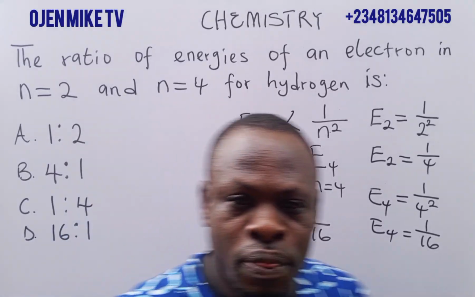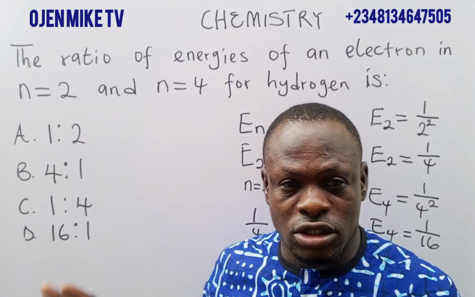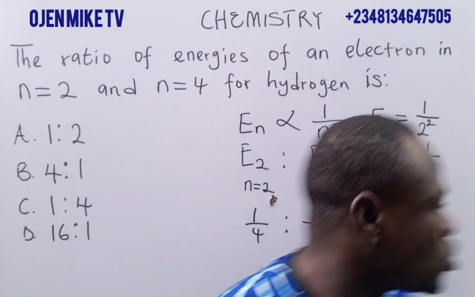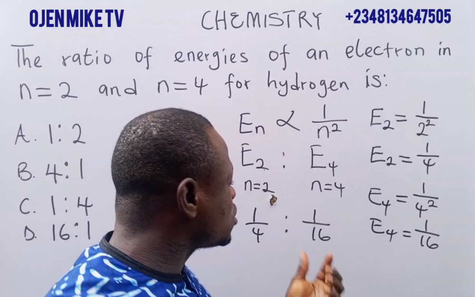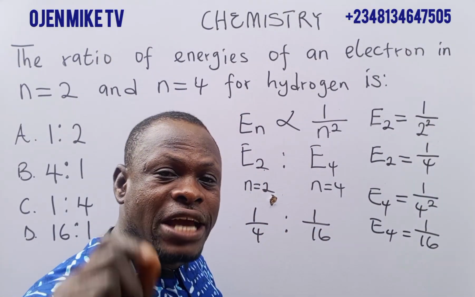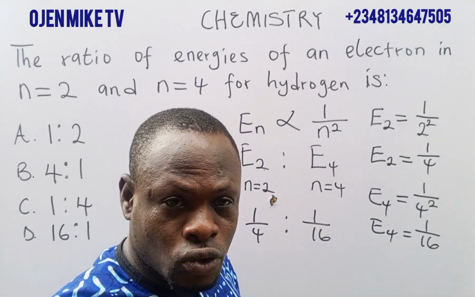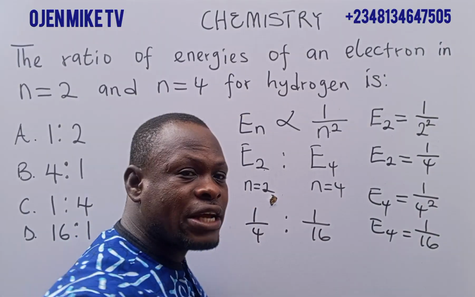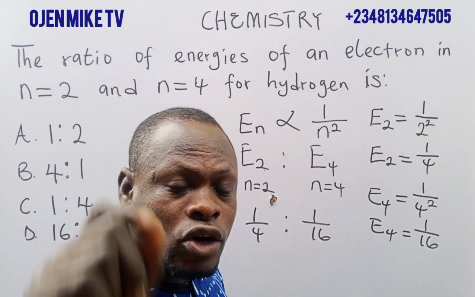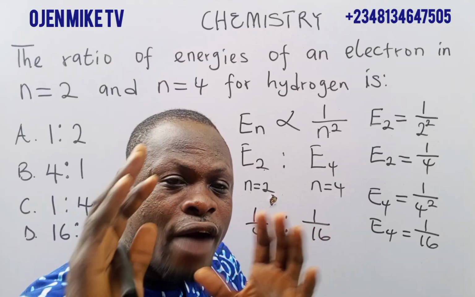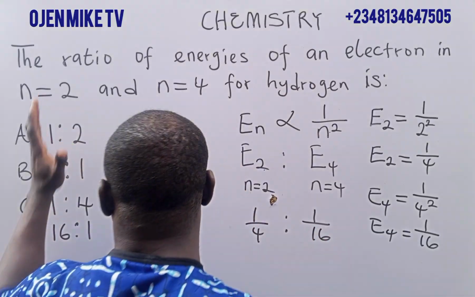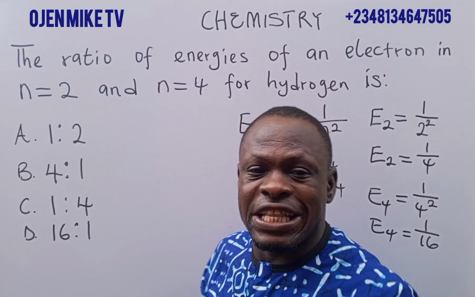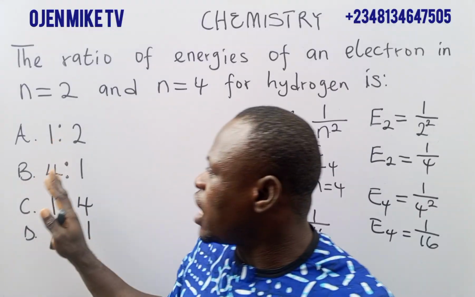Now the ratio given here is not a fraction, all right? So since it is not a fraction, we will multiply both sides by the highest denominator. If you multiply both sides by the smallest denominator, you are going to have a fraction. The options given have no fraction, we are only given a ratio.